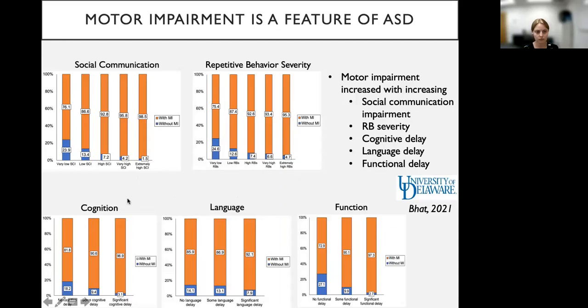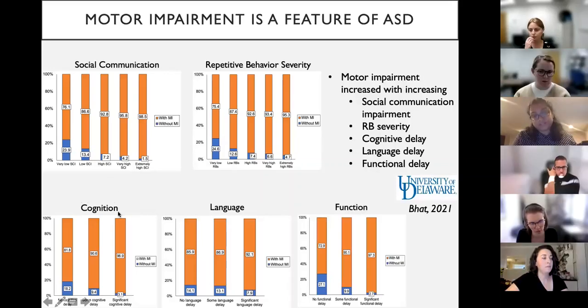You also see that pattern within the cognitive delays. You see to some extent within the language delays and also within the functional delays. I think more so in cognitive and functional delays. In fact, substantially in functional delays. More the functional delay, more the motor impairment.